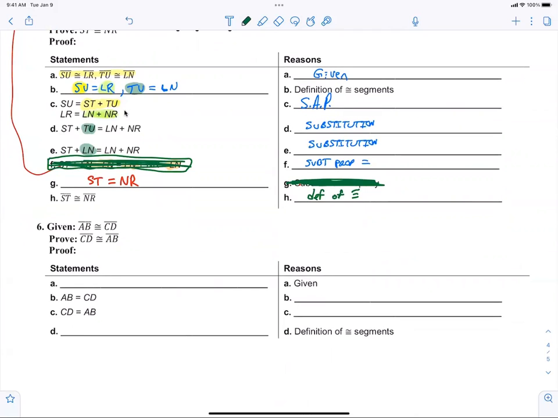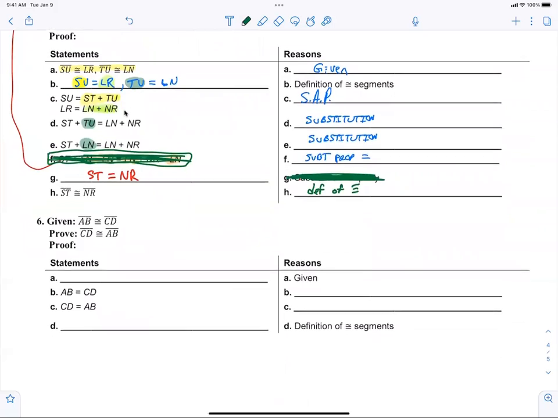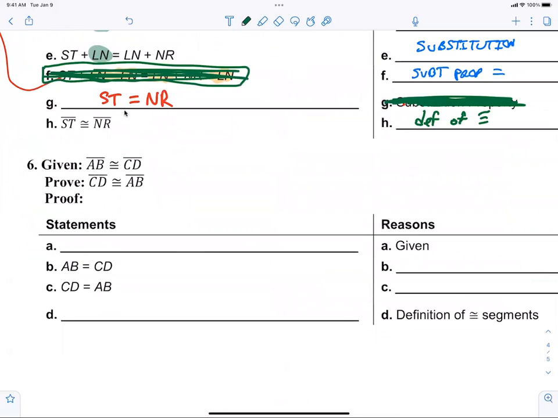So what we're trying to do now is prove the symmetric property of congruence. To prove it, we're going to put them to equals, because we know the symmetric property of equality is true. So we're going to use the symmetric property of equality to prove this.